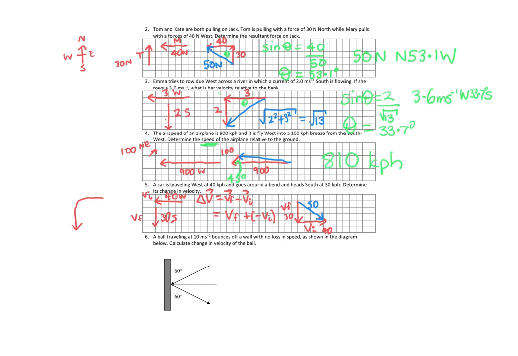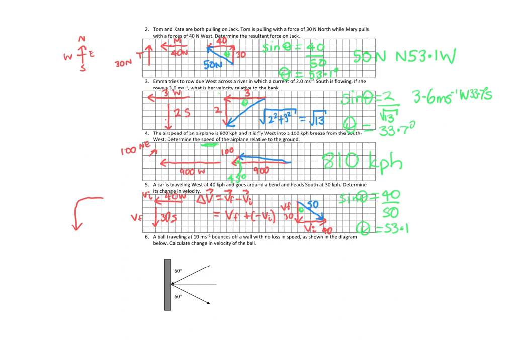And then we can work out the angle again here. I would probably go from south around to the east. So I want to know that angle in there. And if I go sine theta equals the opposite, 40, over hypotenuse, which is 50, theta would therefore equal 53.1 degrees.